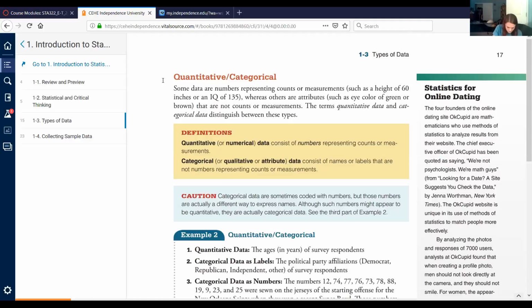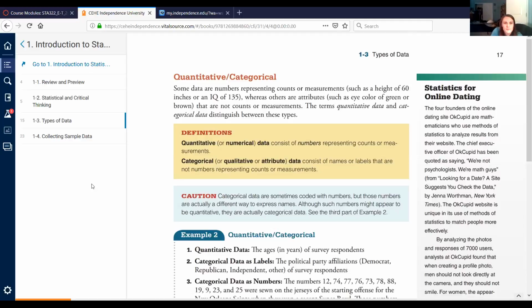There is no difference between the zip code where I live in Loveland, 80538, and the zip code of the school, which is 80525. No difference between them. You can't subtract them and say, we're 13 better than you. Can't do that. So there are lots of them. Another good example is the jersey numbers on football players.